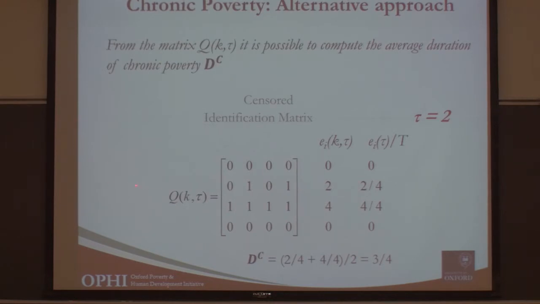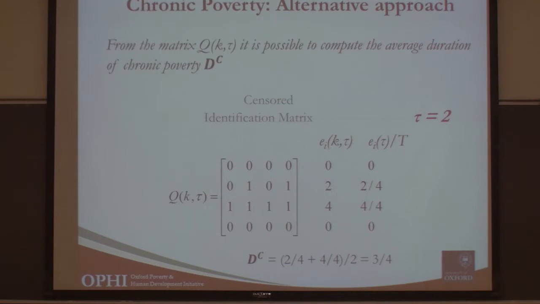You compute duration from the identification matrix Q. Just as you computed A from the deprivation matrix, you compute D from the identification matrix, and you divide again by the number of chronically poor people, not by the population. So it's 2/4 plus 4/4, divided by 2, because 2 people are chronically poor. The average proportion of time periods that the chronically poor people were in poverty was 75%.